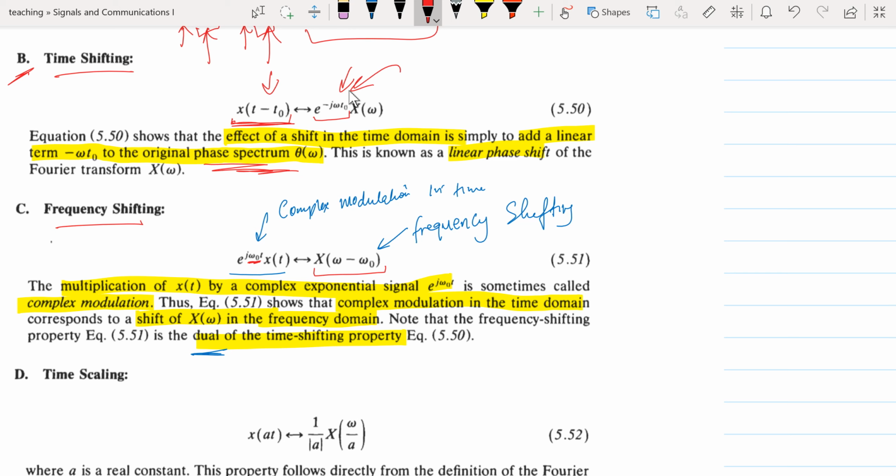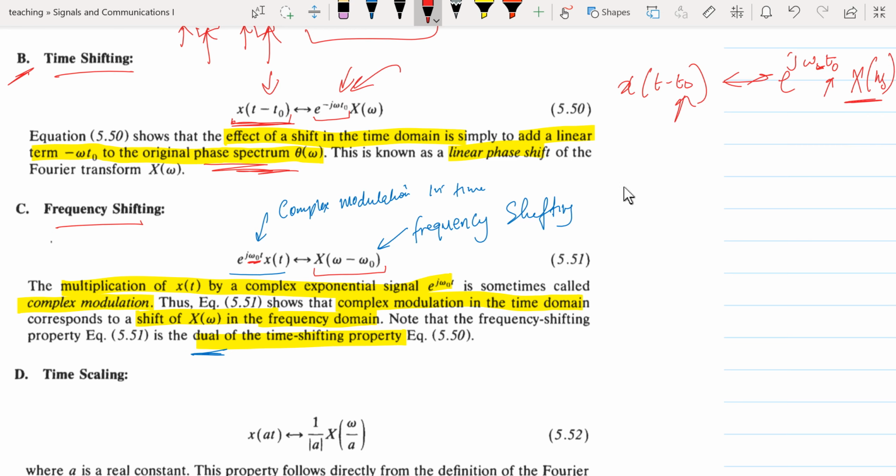You just need to remember that if you have a shift in the time domain, this will result in a linear phase shift j omega t naught that you developed here. That simply introduces a phase shift in your frequency component, or the Fourier transform of your signal.